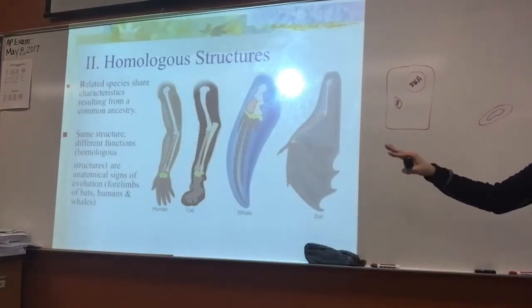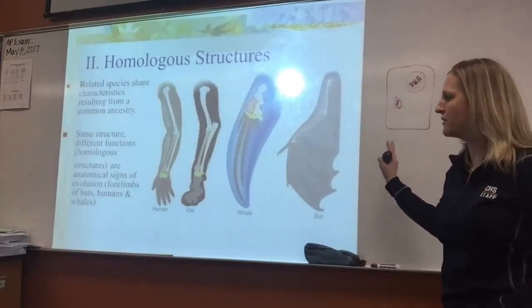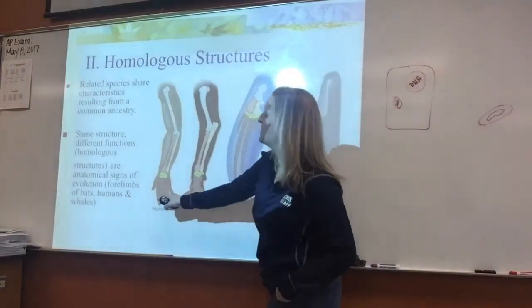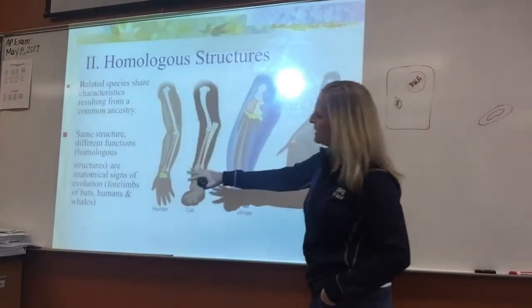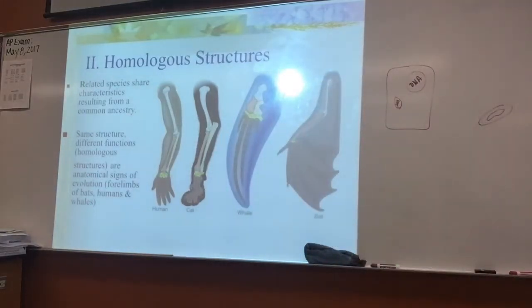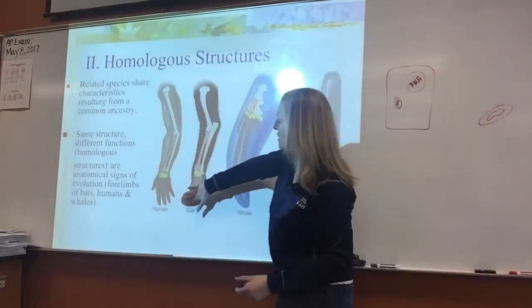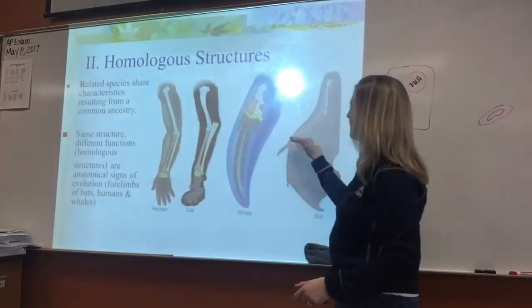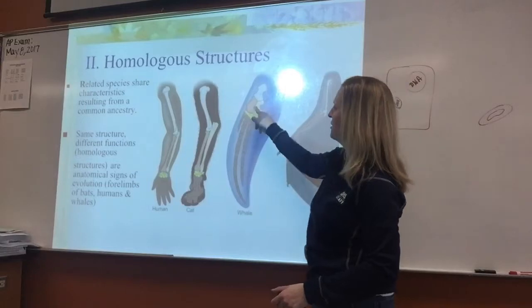So here, a popular example is the forelimbs of these various organisms, a human being one. Mine is color-coded, yours obviously is not, but it's color-coded in the book, so you can look and see that each organism has the same bones. There's two here.